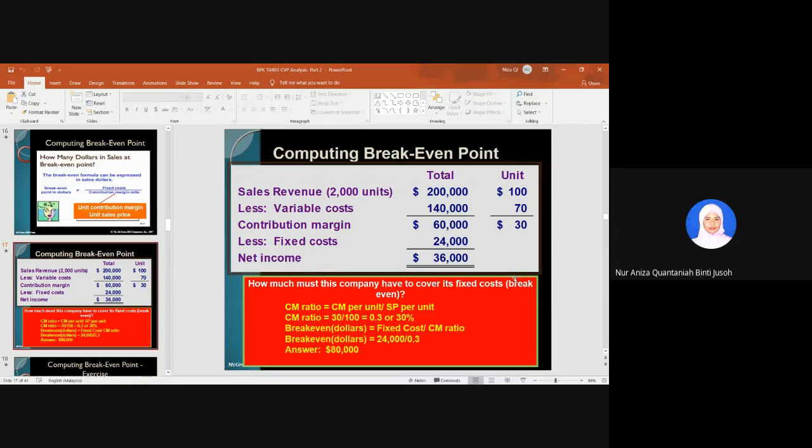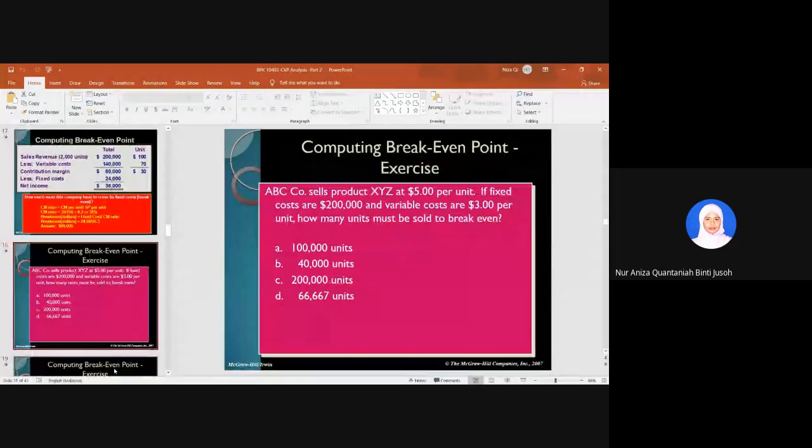This is the amount to cover its fixed cost. So this is to find the BEP in dollars, the sales dollars at break-even point. Okay, now this is an exercise.